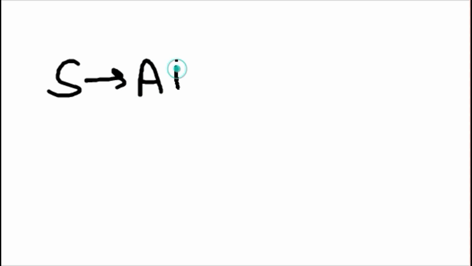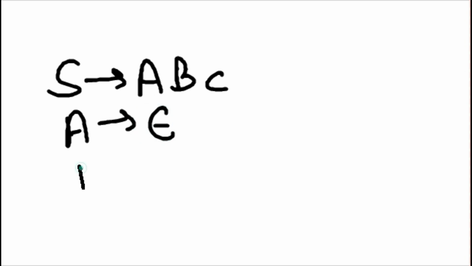Let's take a different example. Suppose S derives A, B, or C. Now in this case, A does not give something like small b. Instead, A will give you epsilon and B will give you small b. Now how do you find first of S in this case?